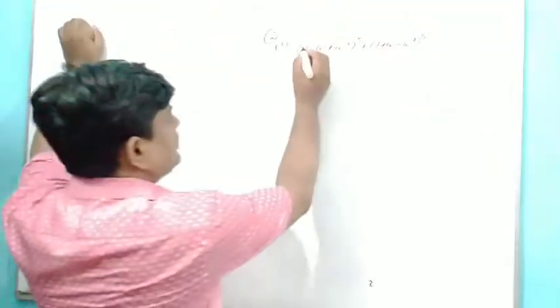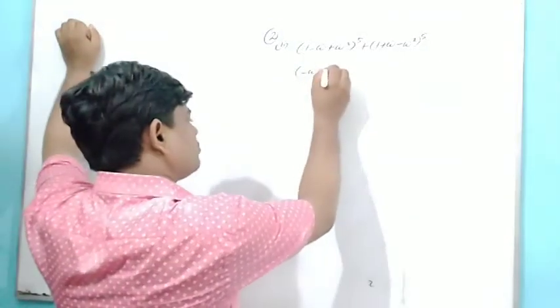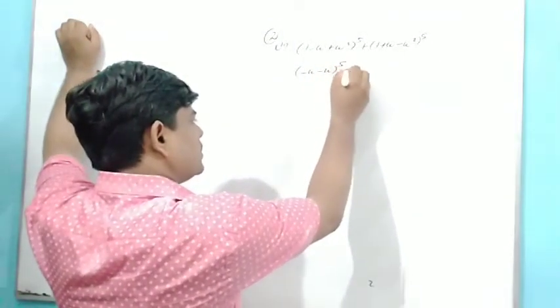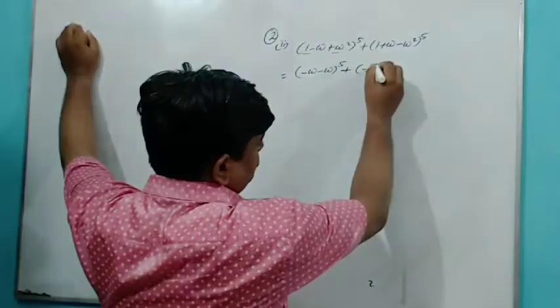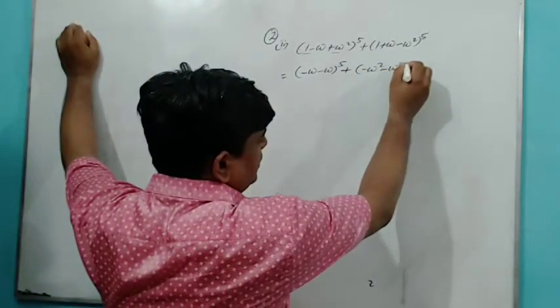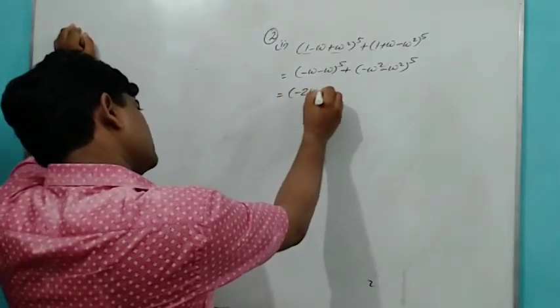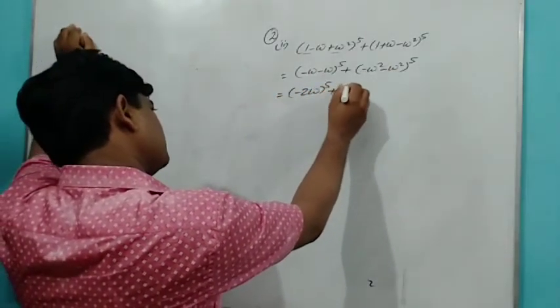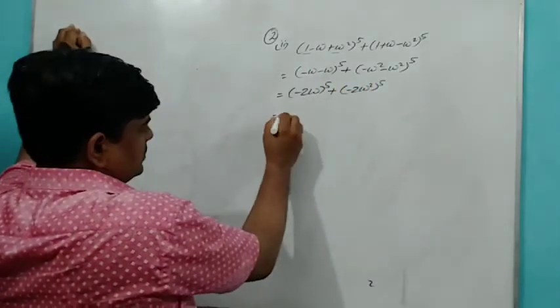I'm asking you, 1 plus omega square can be written as minus omega, and 1 minus omega already here. Plus 1 plus omega can be written as minus omega square, and minus omega already here. It is minus 2 omega to the power 5 and minus 2 omega square to the power 5.